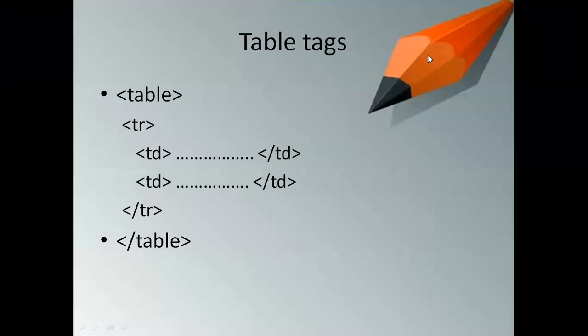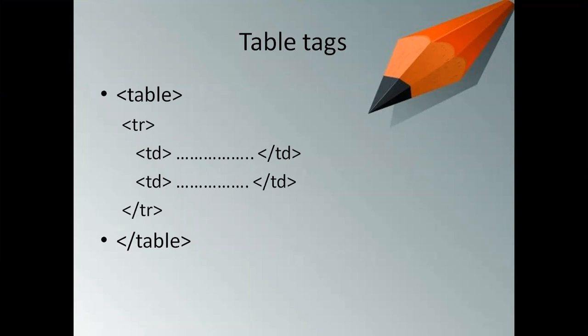For learning the table tag, we should know the basic structure of the table tag. So here is a table tag: table, then tr, then in that td, and again tr, and end table. Here the table starts, here the table ends. Here tr starts and here tr ends. Now you might have a question in your mind, what is tr and td?